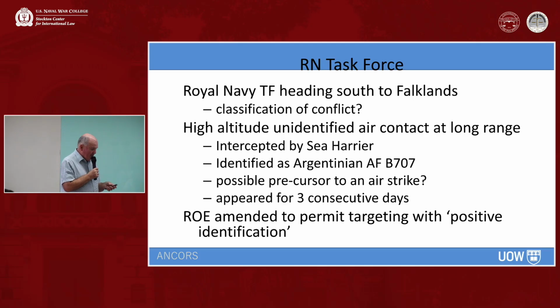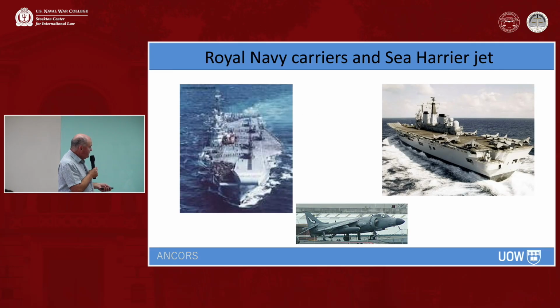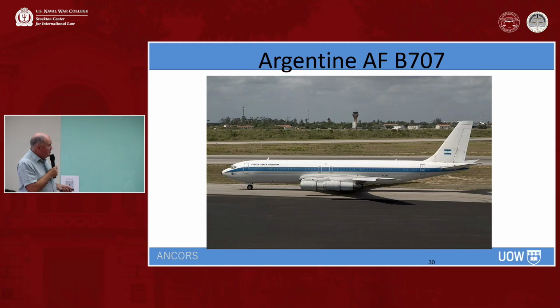During that time, the task force, which consisted of 2 aircraft carriers, which had the Sea Harrier on board, as well as escorts, was being intercepted at one stage by an Argentine 707.